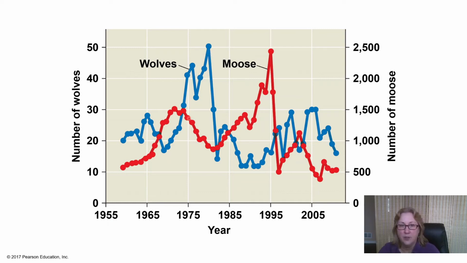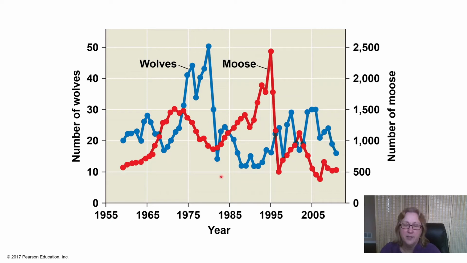And then eventually there's not as much food to eat because the moose population has decreased, so then the wolf population is going to crash. Then the moose population will recover because the predator population is low. And so there's this kind of up and down cycling of predators and prey. And this has been studied with other species as well, rabbits and lynx, for example, and we see something very similar. So this cycling of populations is very well understood.